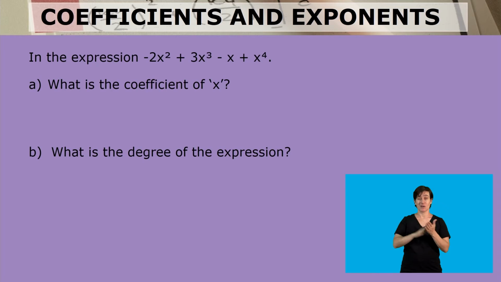Here's an expression. In this expression, minus 2x squared plus 3x to the exponent 3 minus x plus x to the exponent 4. What that expression says to us is they all have x. However, the x has been multiplied differently. Let's look at the first one.